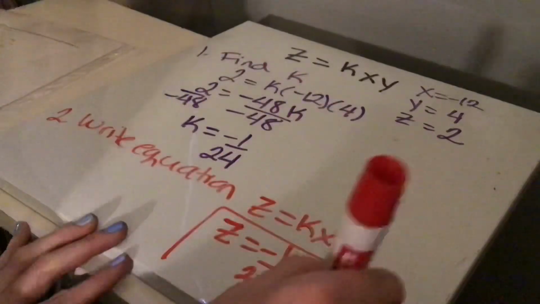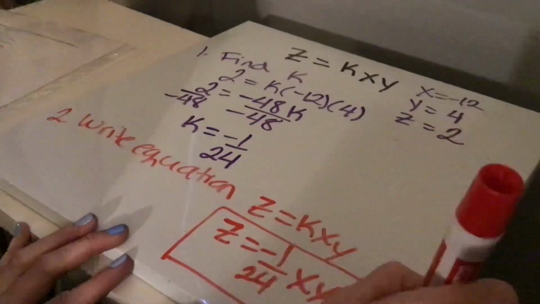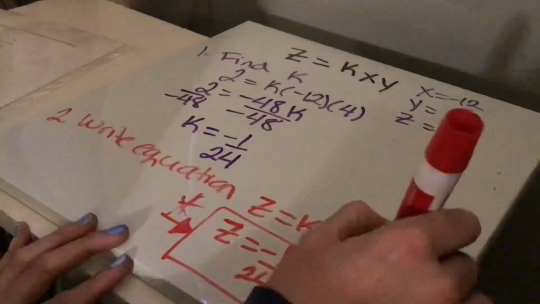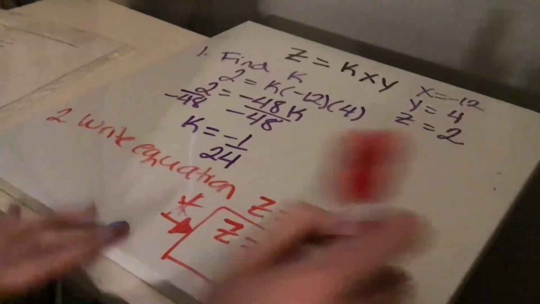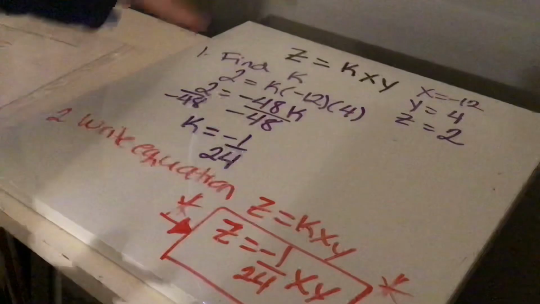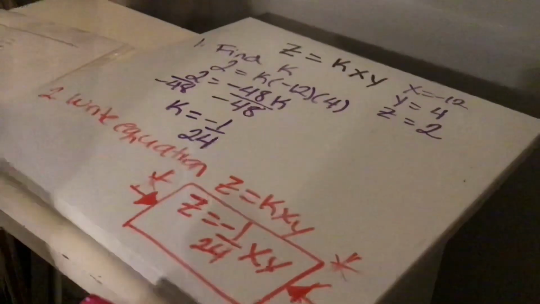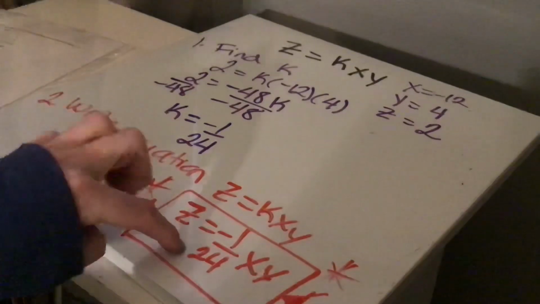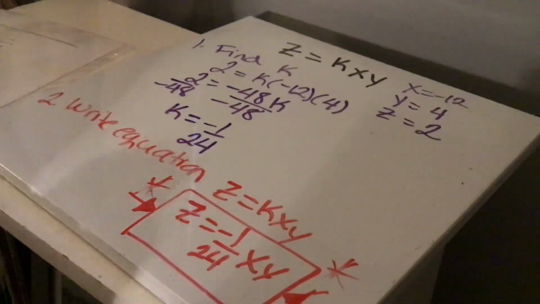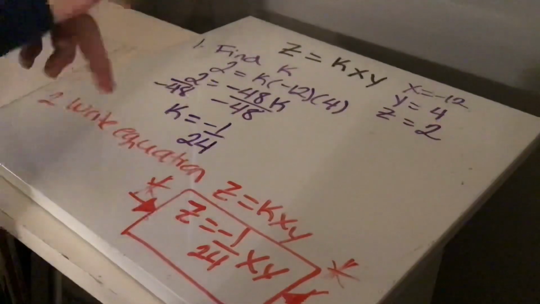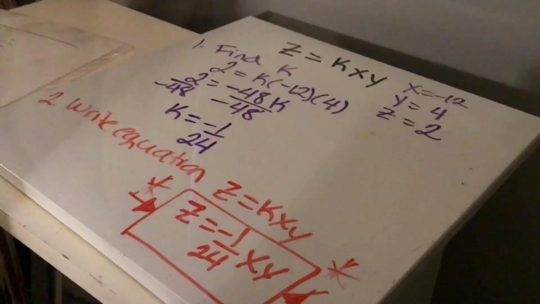This is the equation that relates x and y and z. This is what you want. You don't stop at finding k. You write the equation by finding k and then putting it back in. And then you can find a value for z given two different values for x and y.